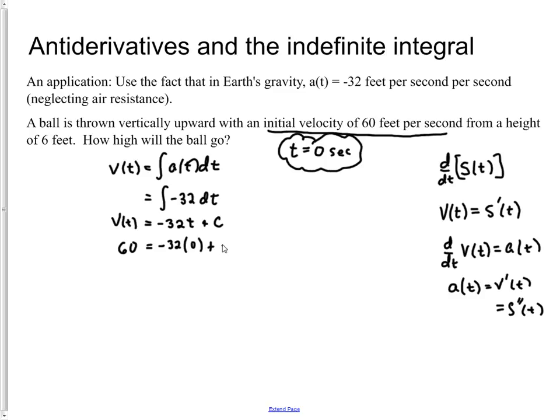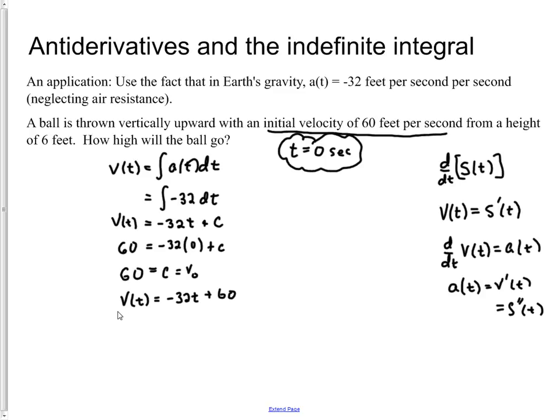So our constant of integration turns out to be our initial velocity, or v0, and that's 60 feet per second. And our velocity function, v of t, we now know to look like negative 32 times t plus our constant of 60 feet per second.